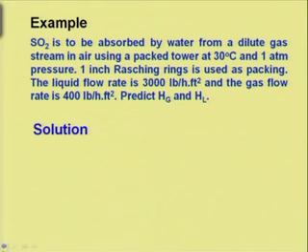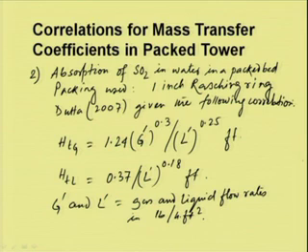If we go back and look into the correlations given for Hg and HL, which is for 1 inch Raschig ring and absorption of sulfur dioxide, the Hg equation is given in terms of liquid and gas flow rate.